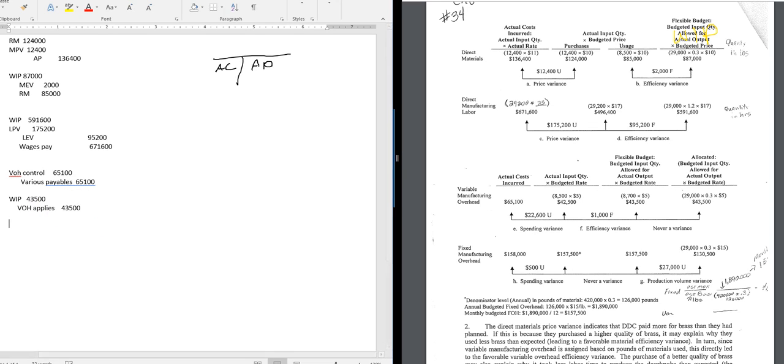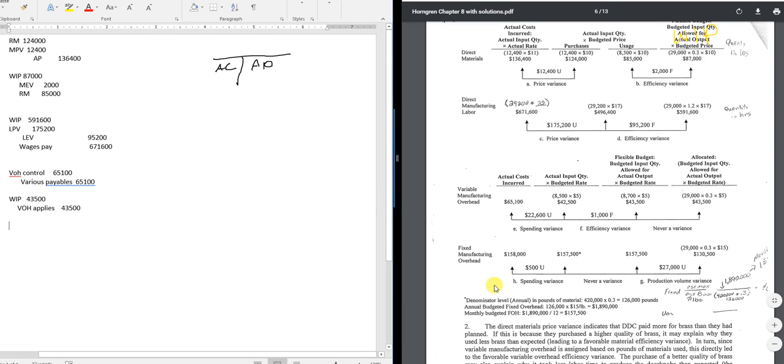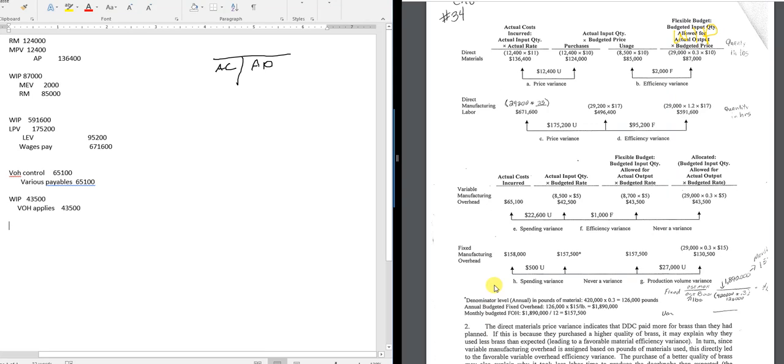Okay. Now I need to record my variances. I know that unfavorable variances are debits, so I'm going to do variable overhead spending. And I know favorable variances are credits, so variable overhead efficiency.